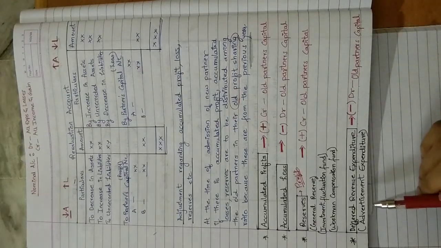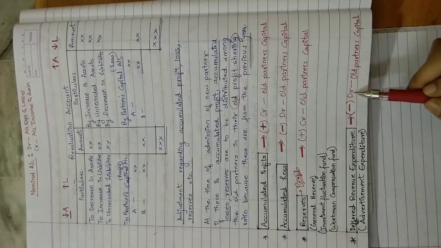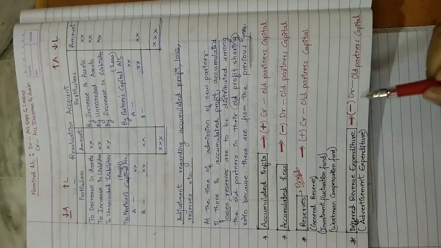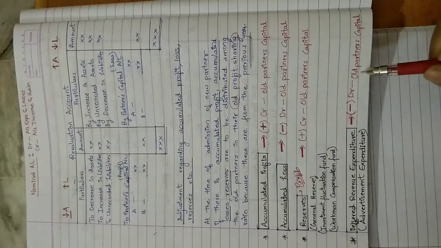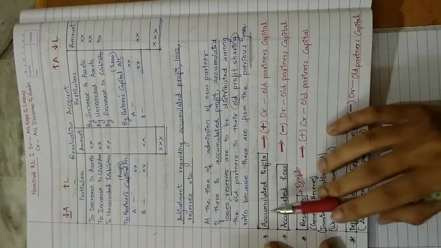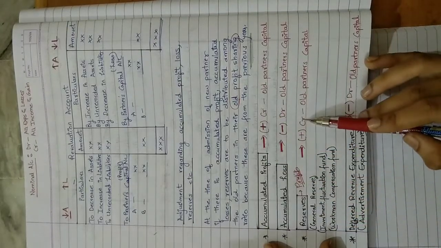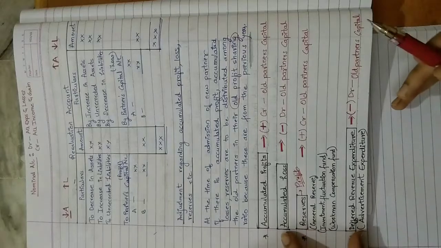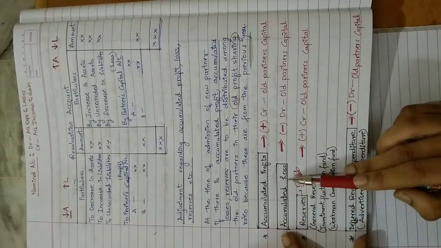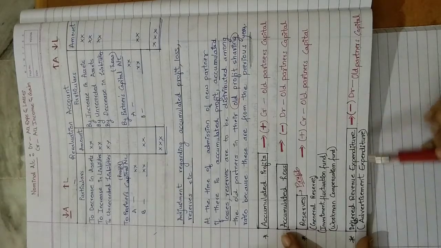So if you get advertisement expenditure in the balance sheet, then you have to deduct this as per the old profit sharing ratio. That means you have to debit it among the old partners' capital accounts. So the two items that you will add are accumulated profit and reserve, which you will credit in the old partners' capital account. And the two items that you will deduct are accumulated loss and deferred revenue expenditure, for example advertisement expenditure.